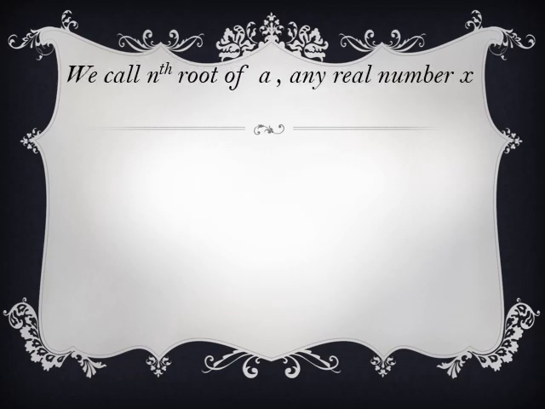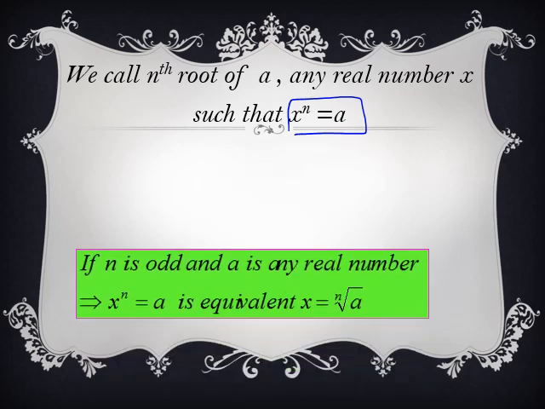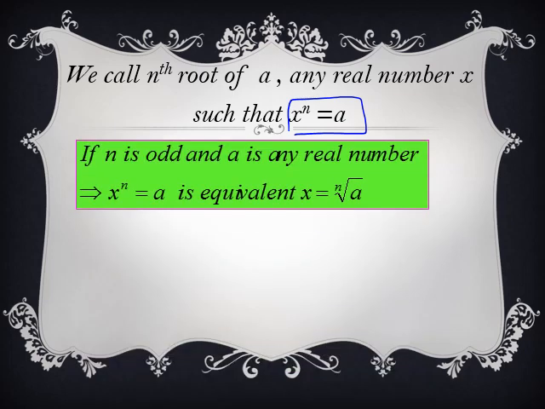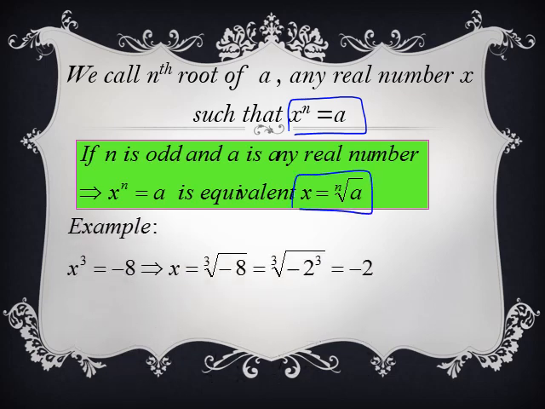We call nth root of any real number a a number x such that x power n is equal to a. If n is odd and a is any real number, then x^n = a, so x equals radical a with index n. Example: x cubed equals minus 8, so x equals radical of minus 8 with index 3, which is minus 2, since minus 2 to the power 3 is minus 8.